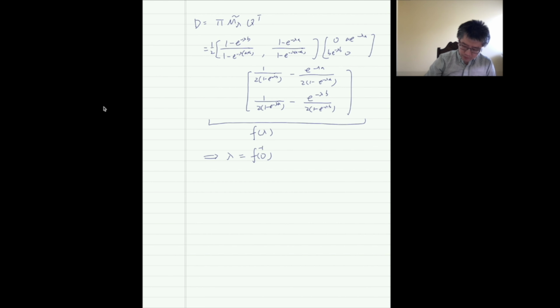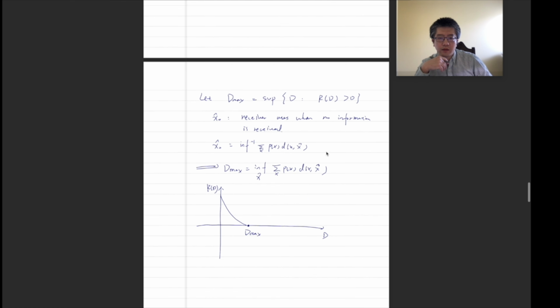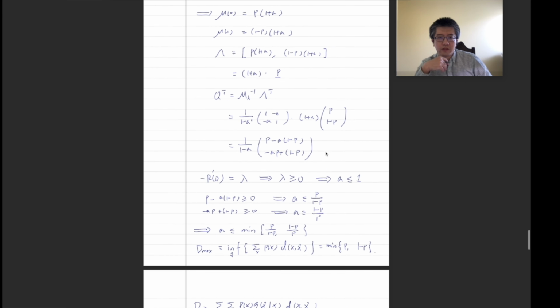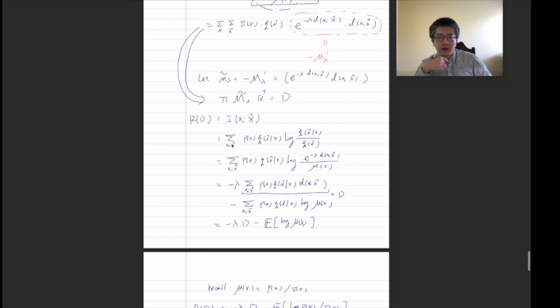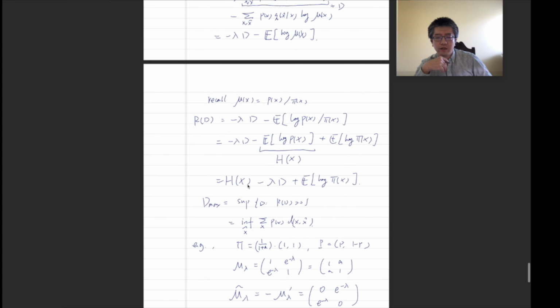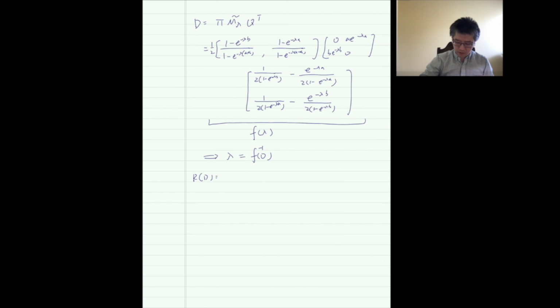Given that, we can write down R(d). Remember, in class we computed R(d) in the end. It is given by this form: the entropy of x minus lambda d plus this guy. So we can write R(d) as the entropy of x minus lambda d plus the expectation of pi x.